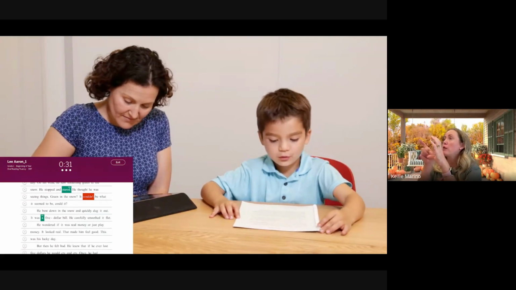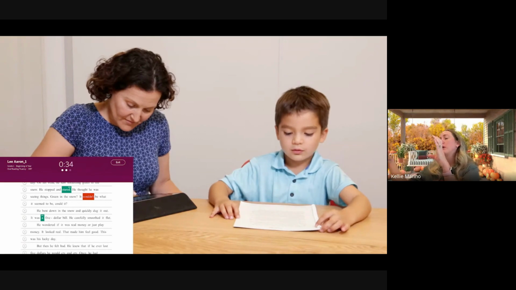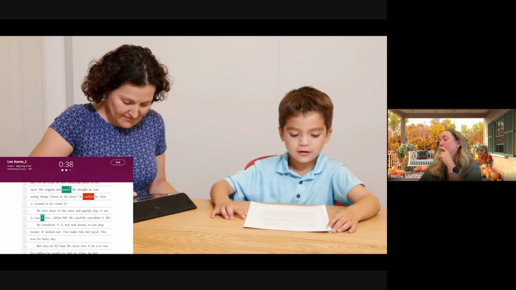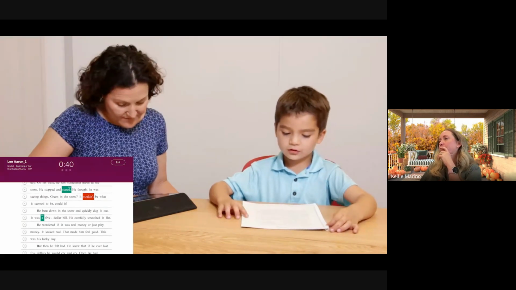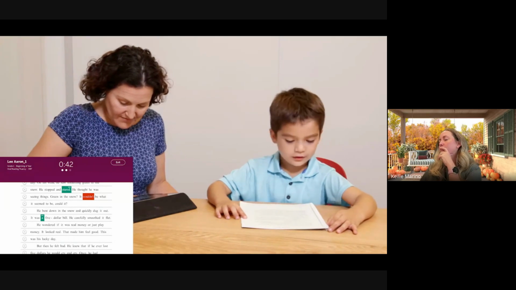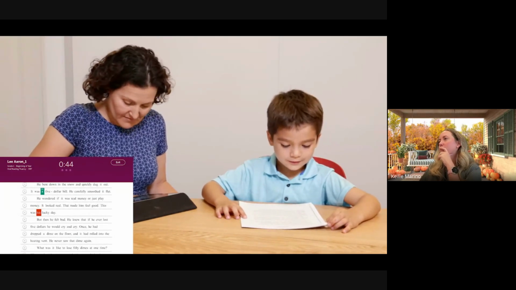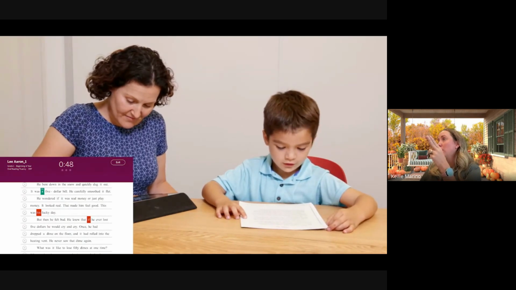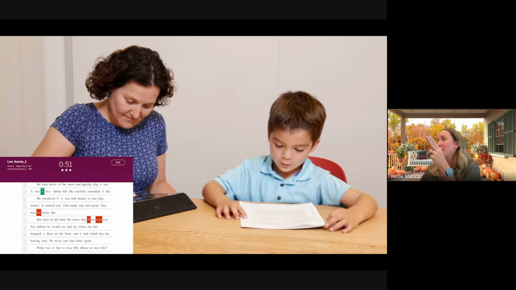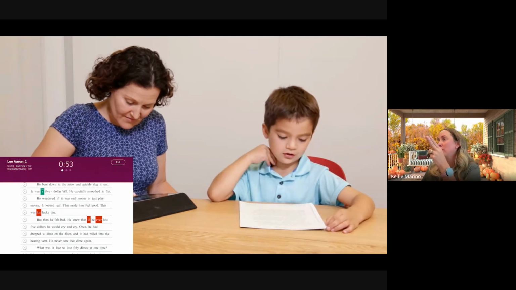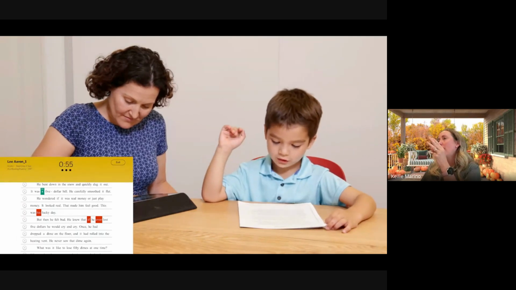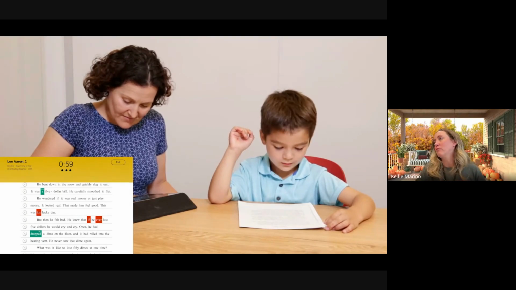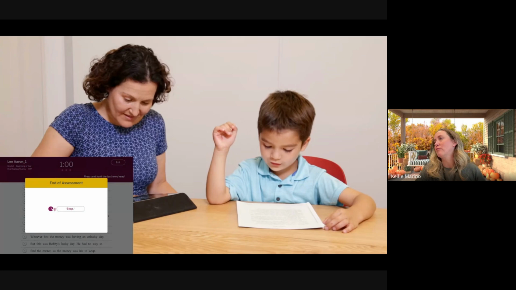He carefully smoothed it flat. He wondered if it was real money or just play money. It looked real. That made him feel good. This was a lucky day. But then he felt bad. He knew that he never lost $5. He would cry and cry. Once he dropped a dime on the floor and it rolled into the heating vent. He never saw the dime again. What was it like to lose 50 dimes? Stop.